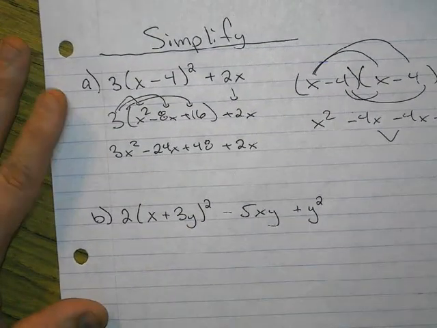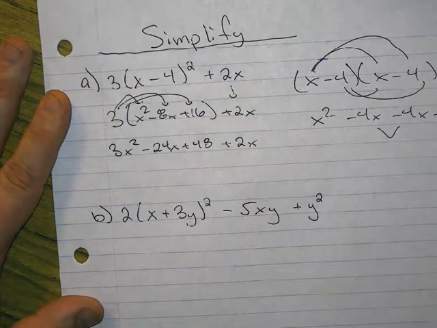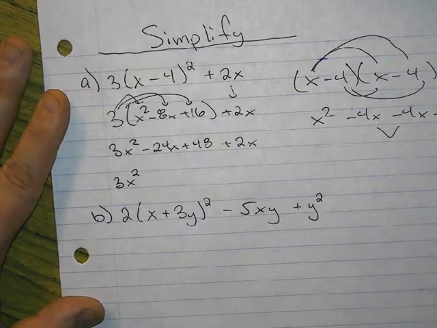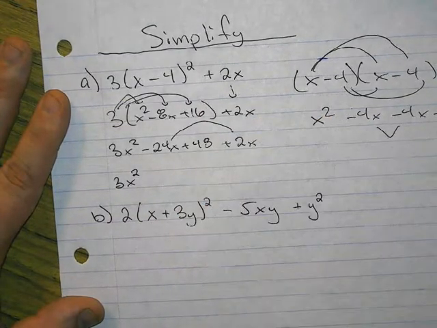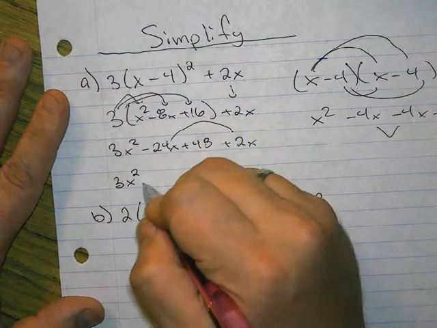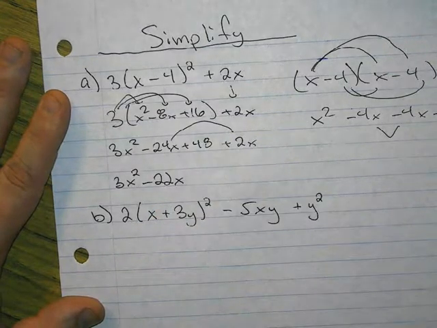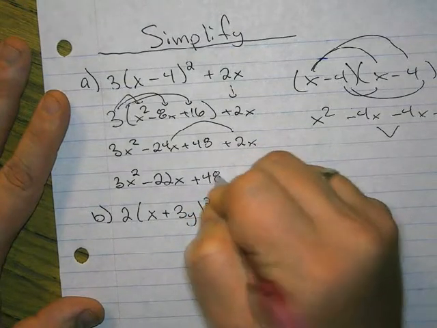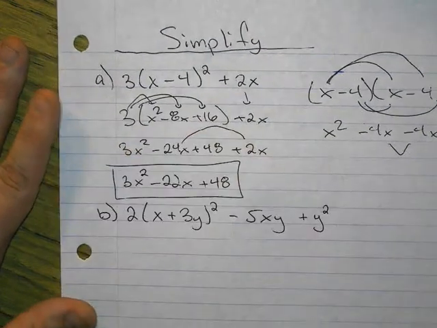What's a variable, a letter that you see repeated to the same power repeated? The plain x, right? So total, I have 3x squared. How many x's do I have total? Minus 22 x's. And then plus 48, and that's our final answer.